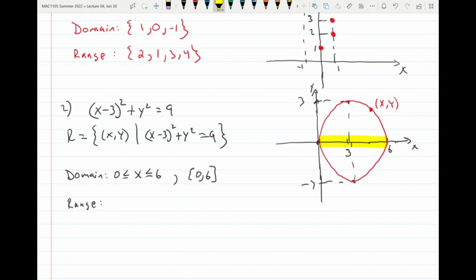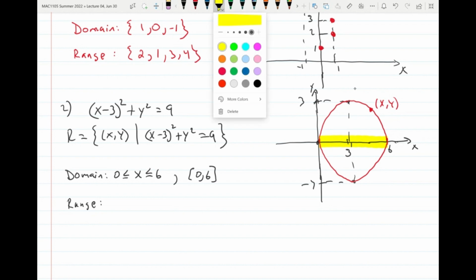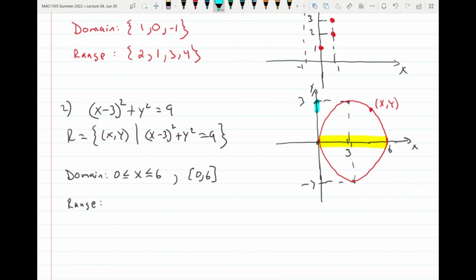So you can think of the shadow of the circle, the shadow of the curve onto the x-axis. That's the domain. Now, for the range, it's the same idea, but you have to look at the y-axis because that's the one that has to do with the second elements, right? The second elements in the ordered pairs, those are given by the y. So if you want to look at the range, you should be looking at the shadow of the circle onto the y-axis. And just doing the same analysis, anything between -3 and 3.